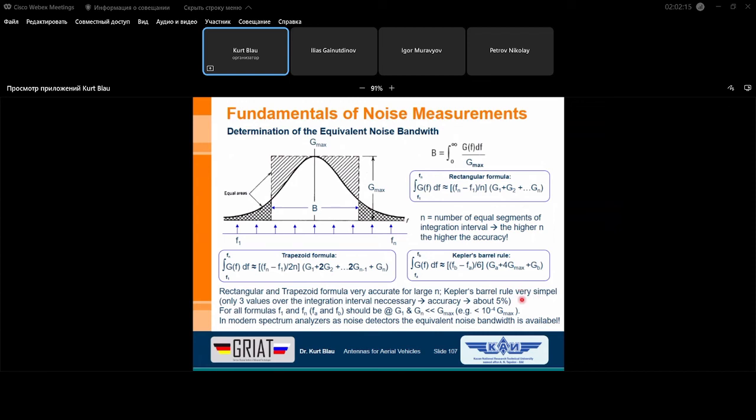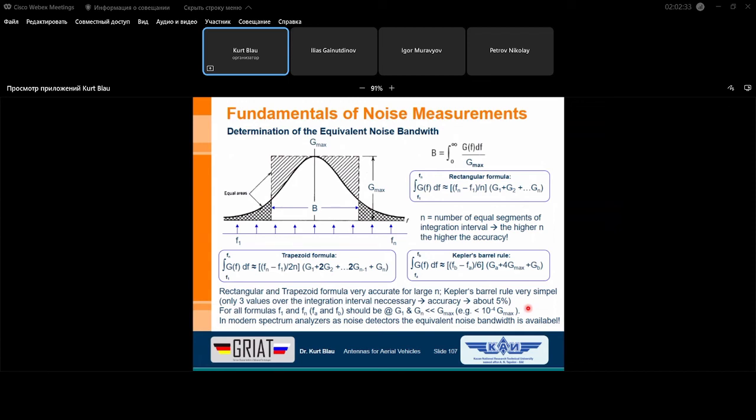Yeah, and then at least in modern spectrum analyzers, as noise detectors, the equivalent noise bandwidth is available. It means the readout is already in, for instance, dBm per hertz.